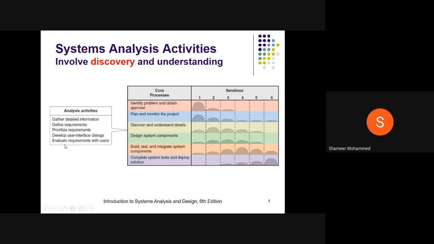Last one, check the requirements with the user, evaluate whether what they produced and what you have designed are both matching or not. So this is nothing but the detailed activities contained in this process called system analysis. Let us see what they are in detail.